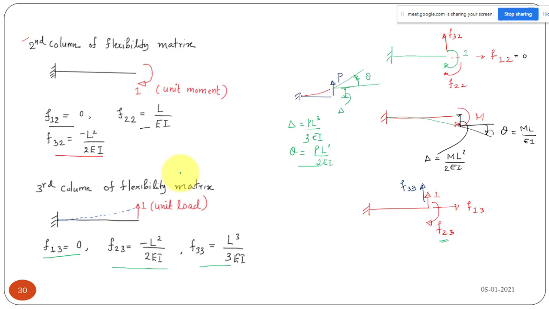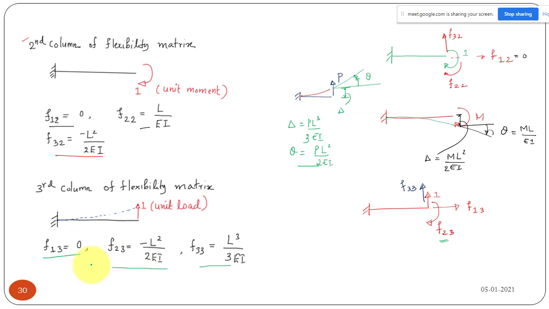That is why, in the statement I have given, all the diagonal elements of your flexibility matrix F11, F22, F33, F44, etc. will always be non-zero positive. But when you come to F23, F32, the cross-diagonal elements, we have to see the directions. If the direction is opposite to the given coordinate direction, we have to keep a negative sign.